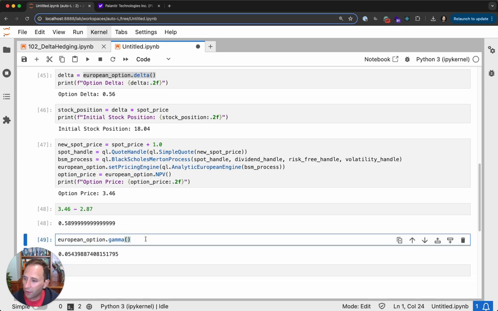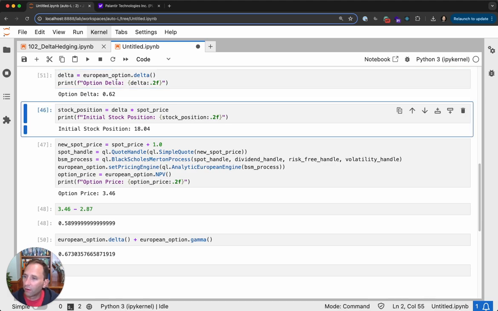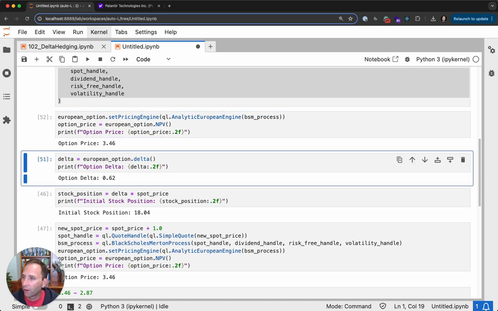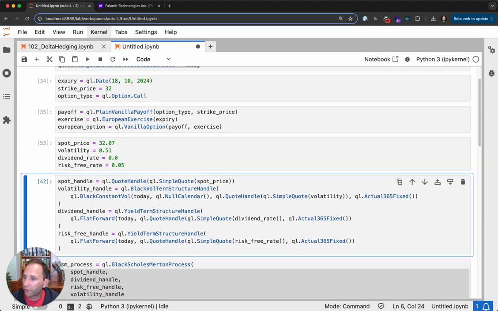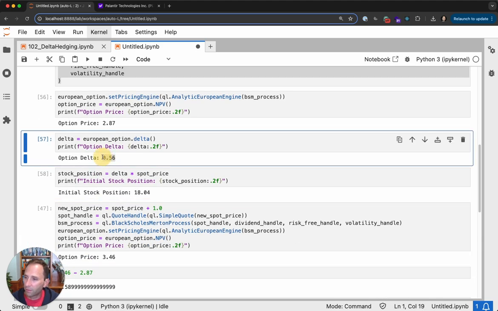So if we took delta plus gamma, okay, well, it's not that close, but hopefully you get the point. I think this is actually our new delta, right? Yeah, okay, so I'm sorry, that's our new delta. I need to rerun all this to get back to where we were. Our original delta was 56 cents.